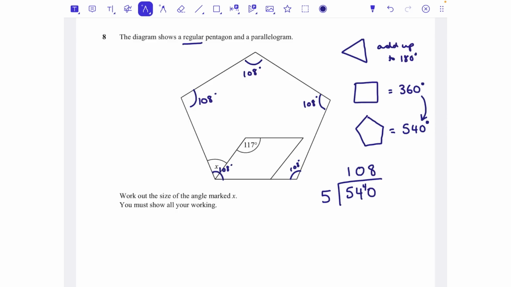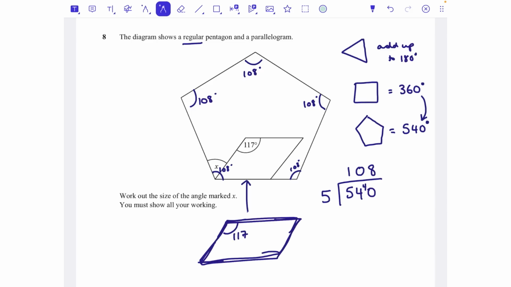Now for step 2, we've got here a parallelogram. Inside a parallelogram, because you've got co-interior angles, you've got 117 degrees here, but you know that these two would add together to make 180. So 180 take away 117 is 63. So I then know that this angle here is 63 degrees.